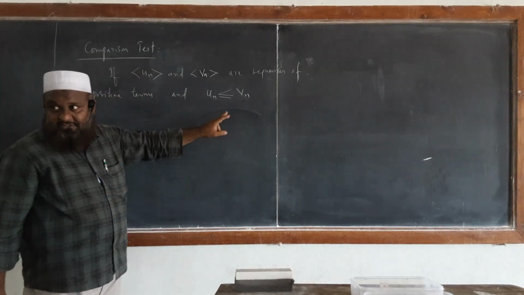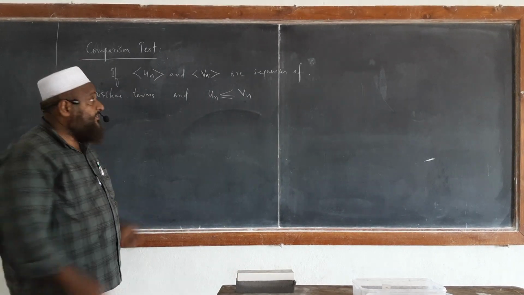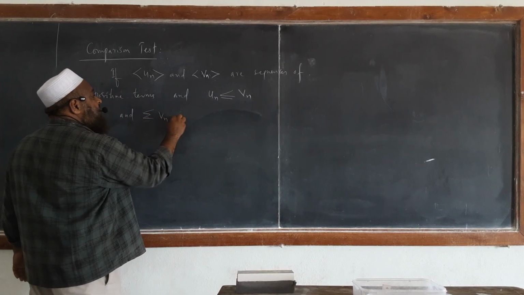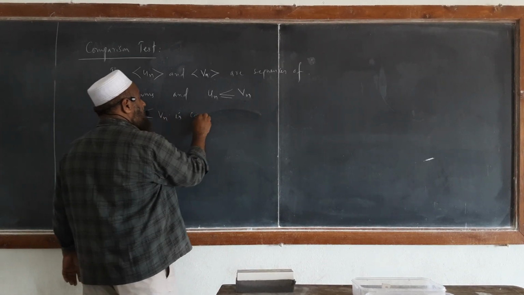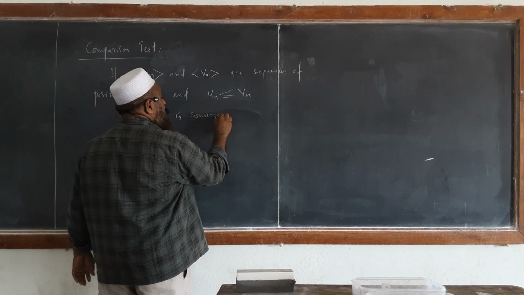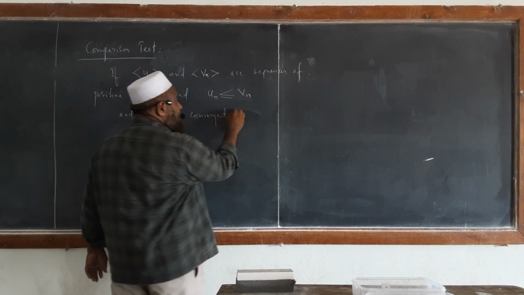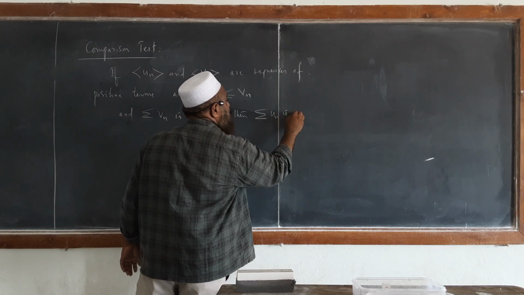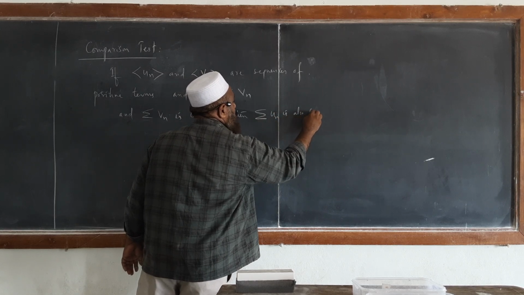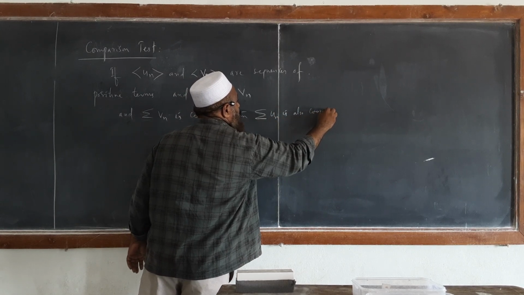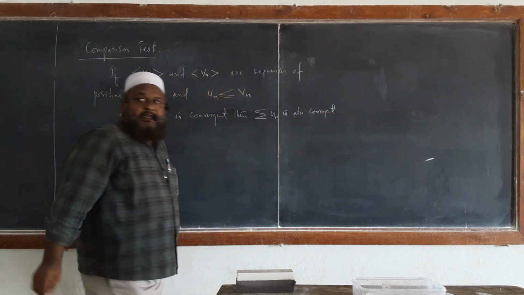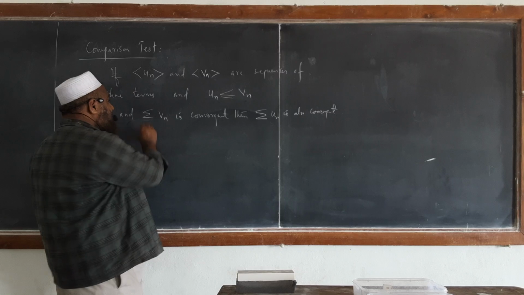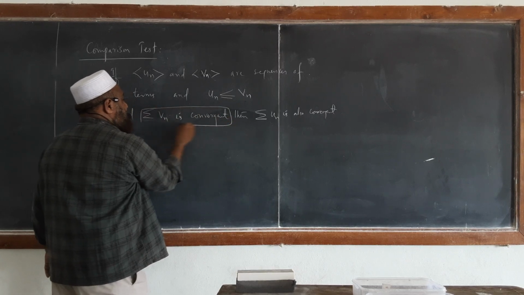If this is the situation and sigma vn is convergent, then sigma un is also convergent. This is just as per common sense. I'll tell you the meaning of sigma vn convergent.